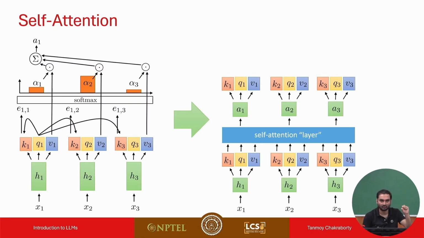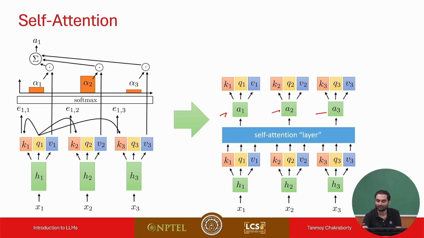You have the input, and we place a self attention block. The self attention block will produce attention vectors, and on top of this you can add another self attention block. You can keep doing this multiple times. Remember, for every self attention layer the query, key, value matrices are unique.